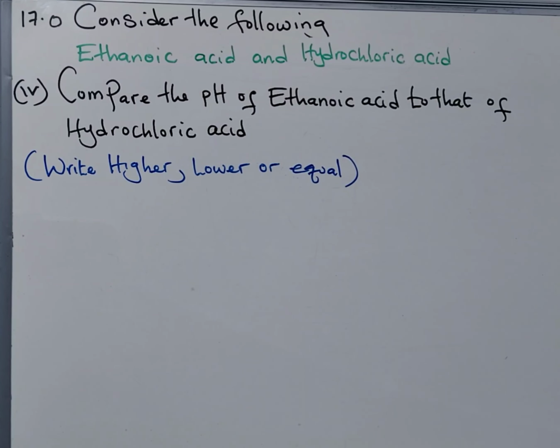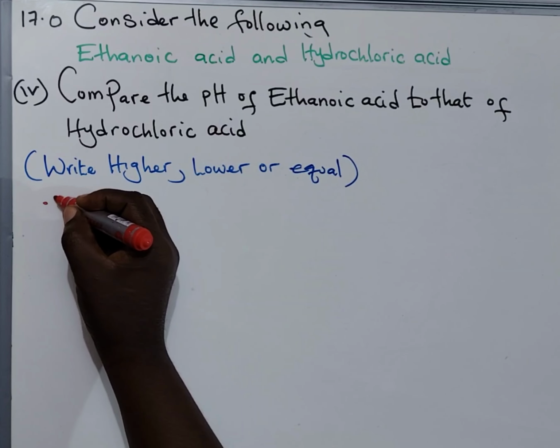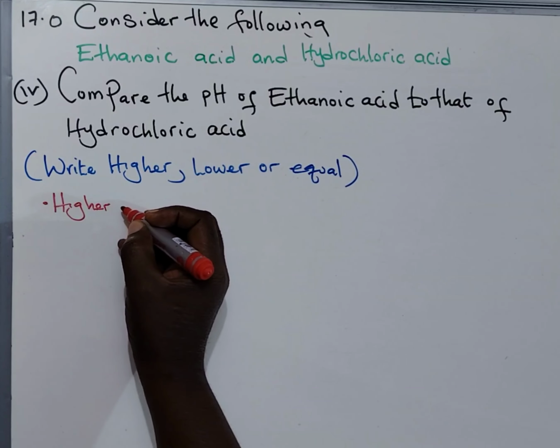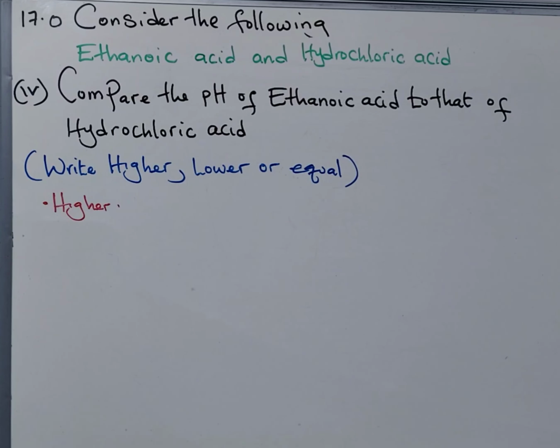What's the answer? The answer is higher. Why? You have to know that ethanoic acid is partially ionized. It's a weak acid, so it releases fewer hydronium ions.